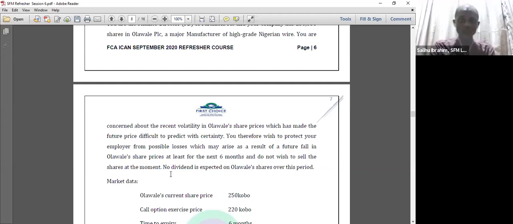You therefore wish to protect your employer from possible losses which may arise as a result of a future fall in Olawale's share price, at least for the next 6 months, and do not wish to sell the shares at the moment. No dividend is expected on Olawale's shares over this period.